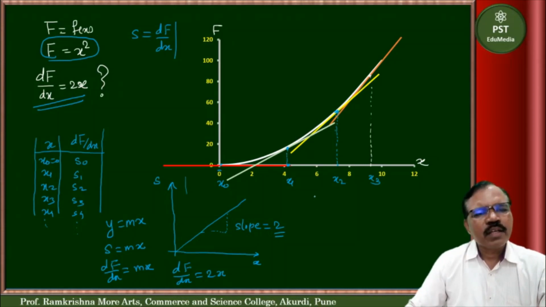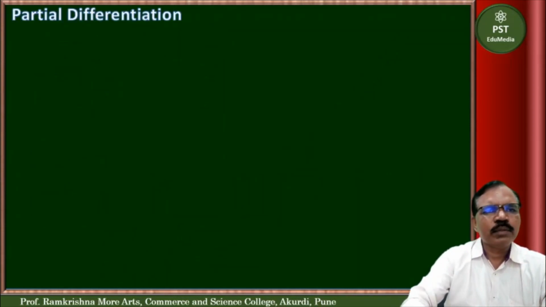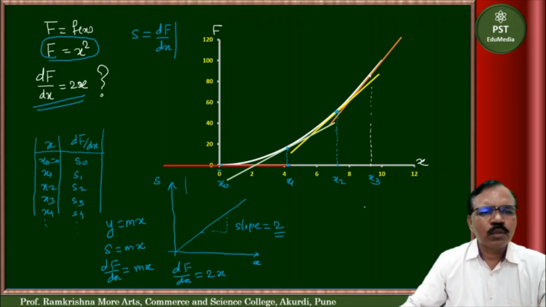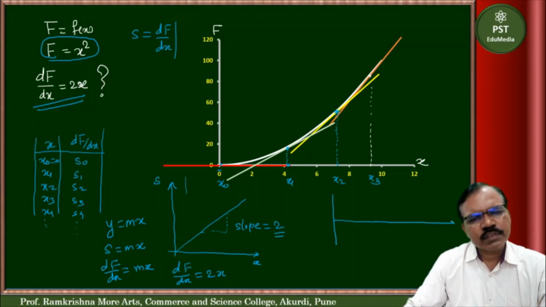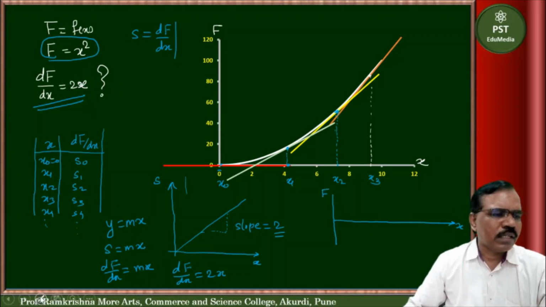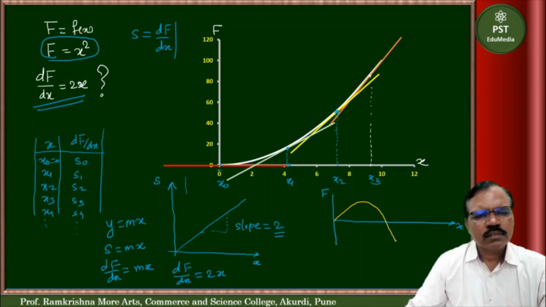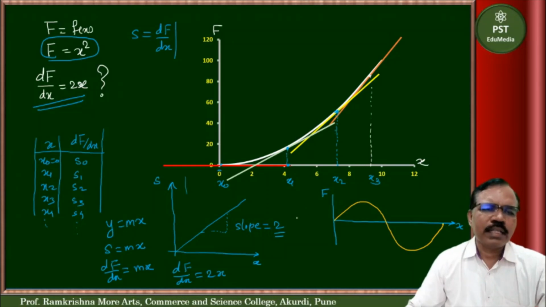In this way, you can take another function. Suppose we take sine function. So here x and here f, that is sine function. So we can draw here graph for sine function. This is graph for sine function.